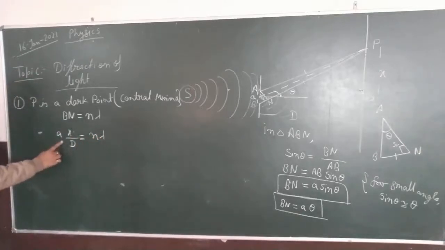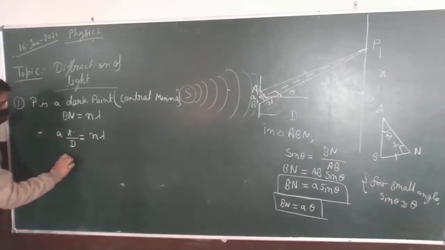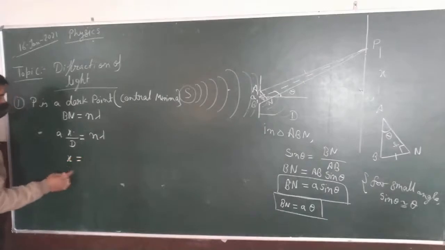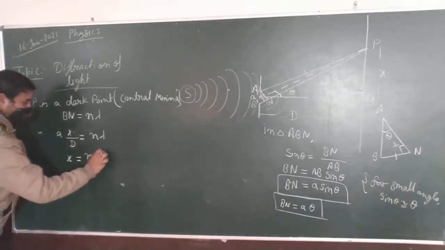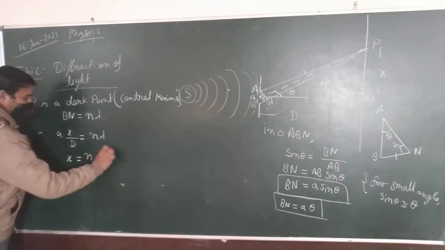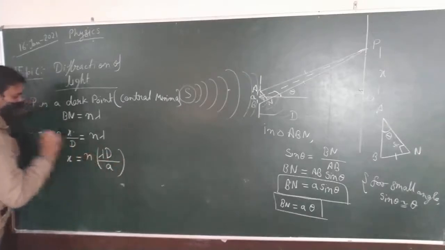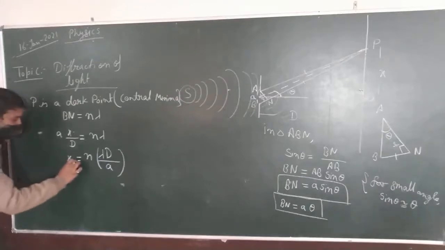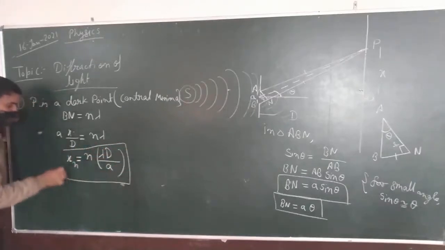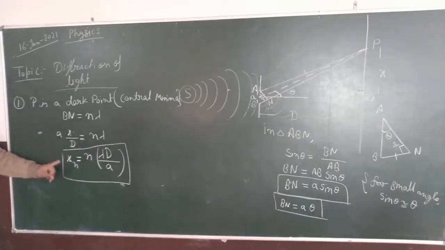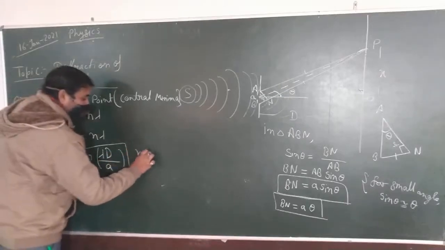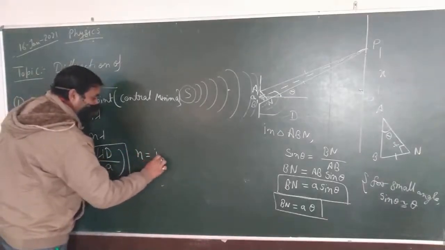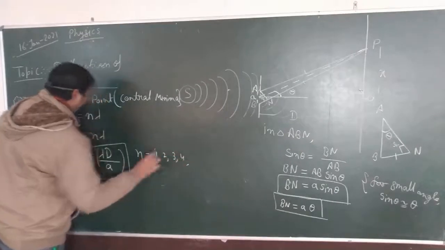So we can calculate from here the result for x, which is x equal to n lambda D upon a. This formula is for the nth dark point, where n is equal to 1, 2, 3, and 4.